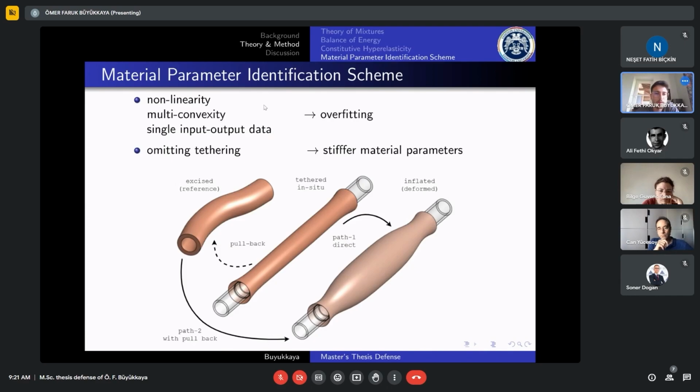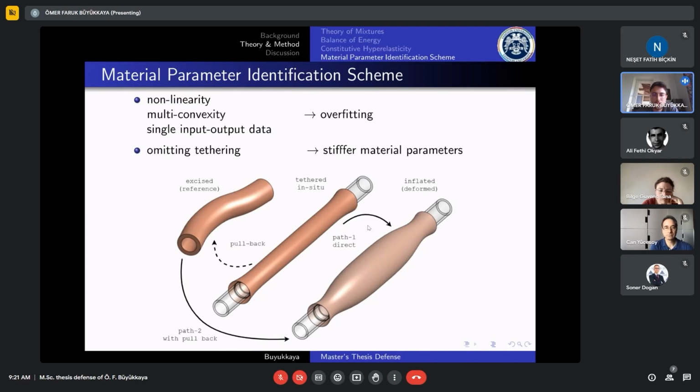These things can cause overfitting, and it is seen in the literature that most of the researchers are omitting or neglecting the tethering procedure, that is from excised to tethered state, because the radius measurement of an excised artery is really hard, if not impossible, especially for smaller arteries such as mesenteric arteries.